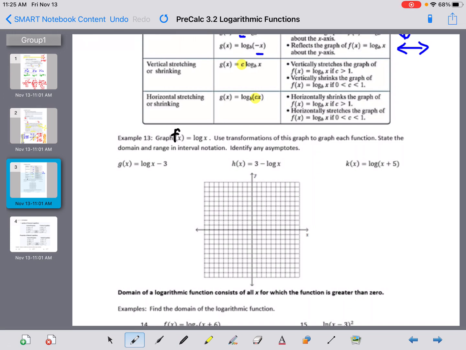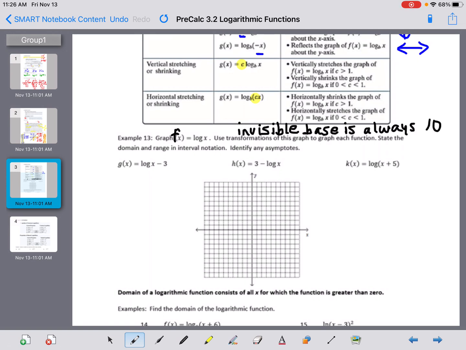This is really important to know, and this is what we call the invisible base. It's kind of like saying I have x. Well, what's its coefficient? It's invisible, it's 1, okay? So I'm going to call it an invisible base so that you know it really is there, it's not a typo, but it doesn't have to be printed. If it's invisible, the base is always 10.